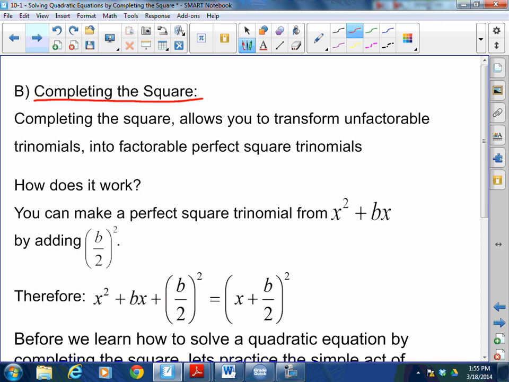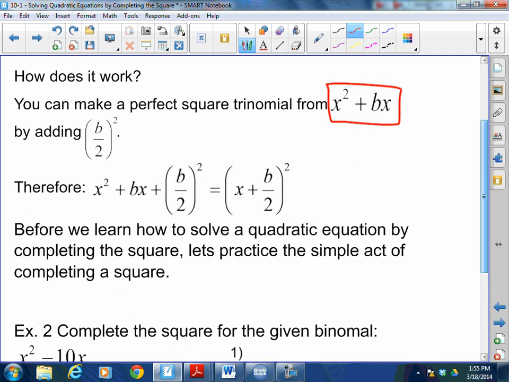You can make a perfect square trinomial as long as you have an x squared and a bx. All you have to do is add b over 2 squared, and you will make a perfect square trinomial. What am I talking about?